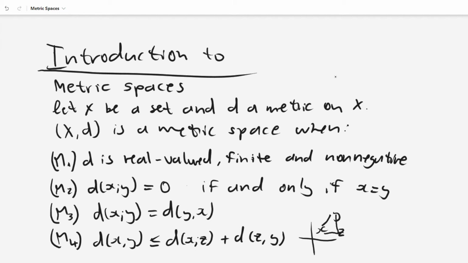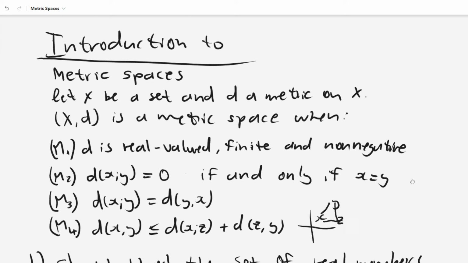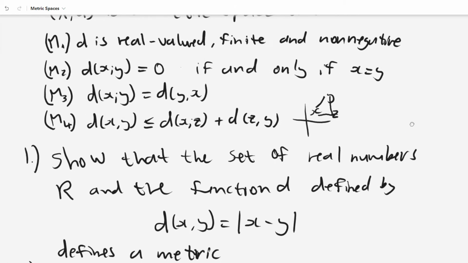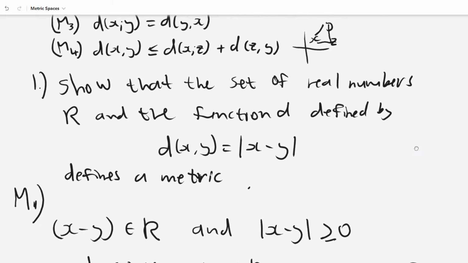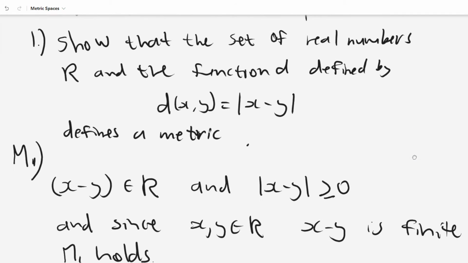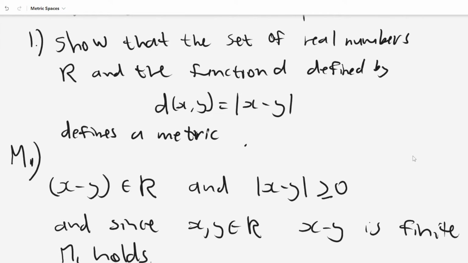In two dimensions, it's very simple to visualize. It might not always be so simple to visualize in a much more general sense, but this triangle inequality must always hold true. So let's look at a very simple example to wrap up the fundamental properties in a more practical sense. So let's look at the following example.